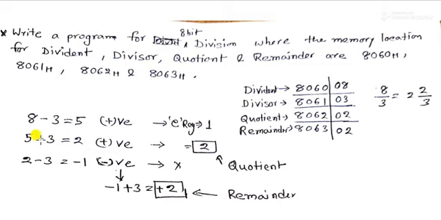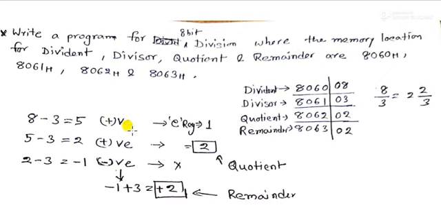Here it is clear how you will subtract, how you will add, how you will increment the C register. But how will you check whether the value after the subtraction is positive or negative?